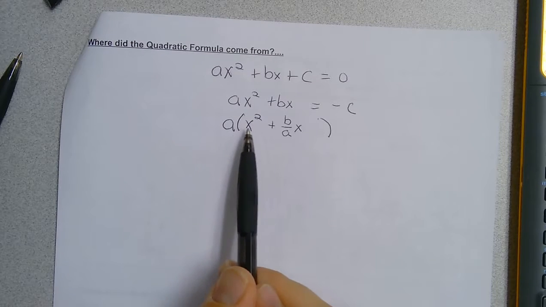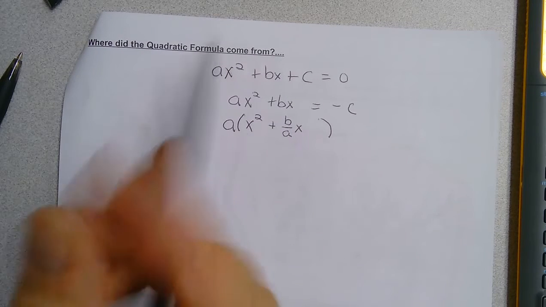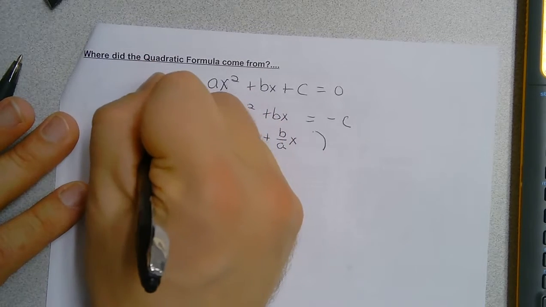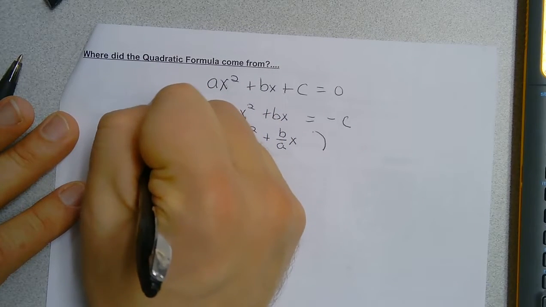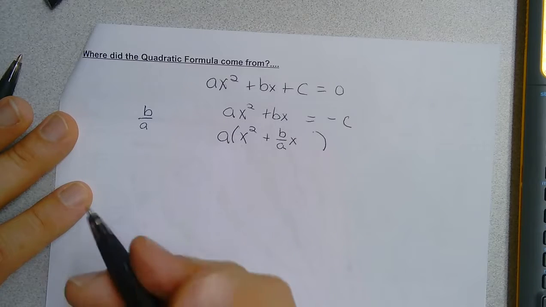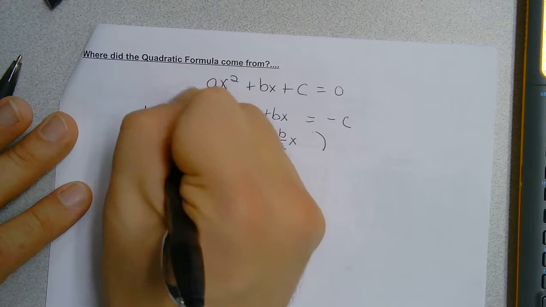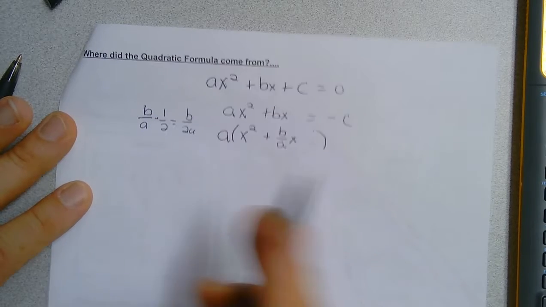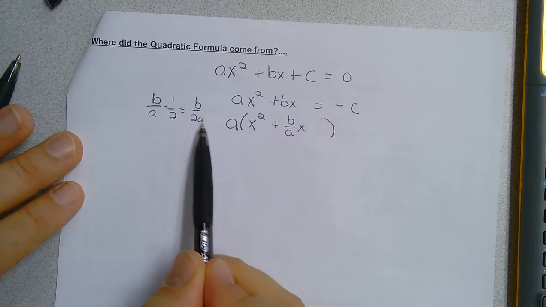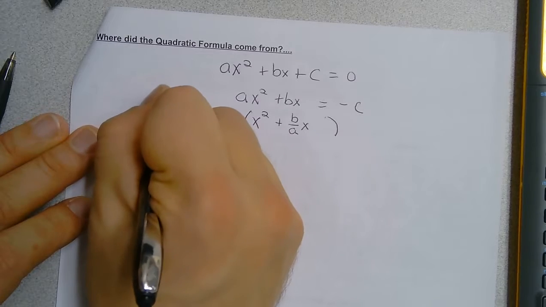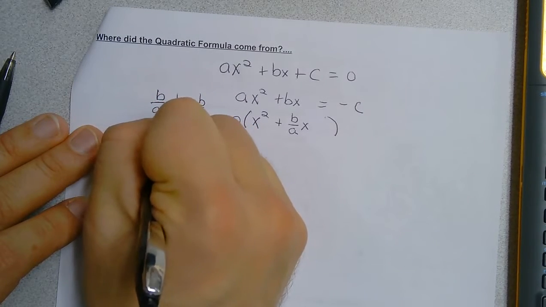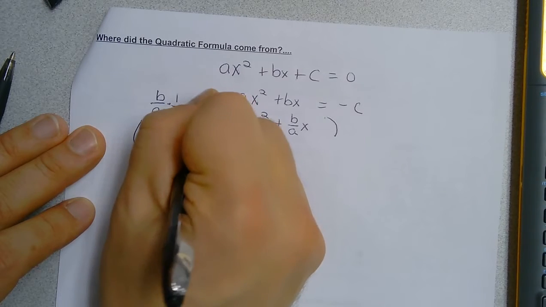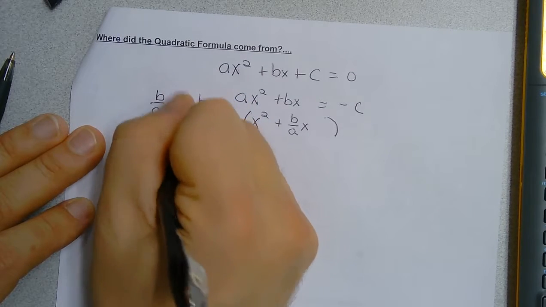And then I'm going to take some side work here and take b over a and divide that by 2. So b over a divided by 2 is the same as multiplying by half. So that's b over 2a. And then remember, we square that. So b over 2a squared is going to give me b squared over 2a squared.